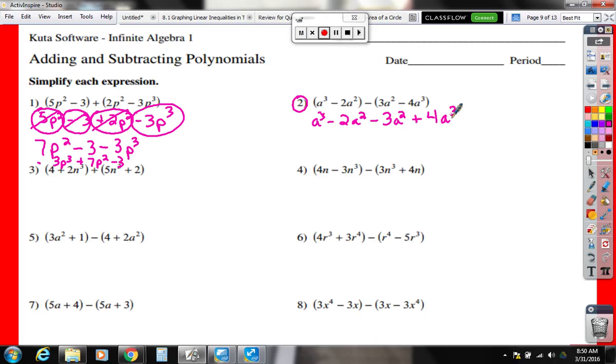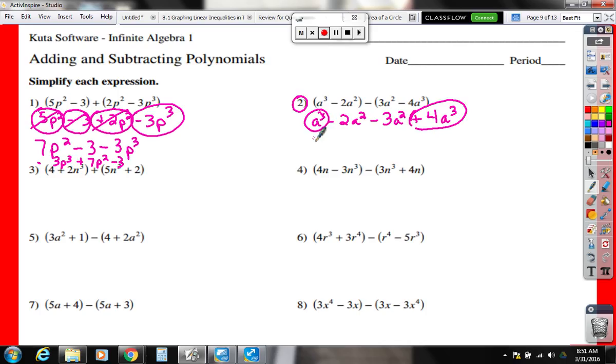Well, let's actually start with this first term. Do I have any like terms that are like this one? An a to the third. See any other a to the thirds up there? 4a to the third. Good. Okay, so when I combine those, what do I get? 1a to the third and 4a to the third.